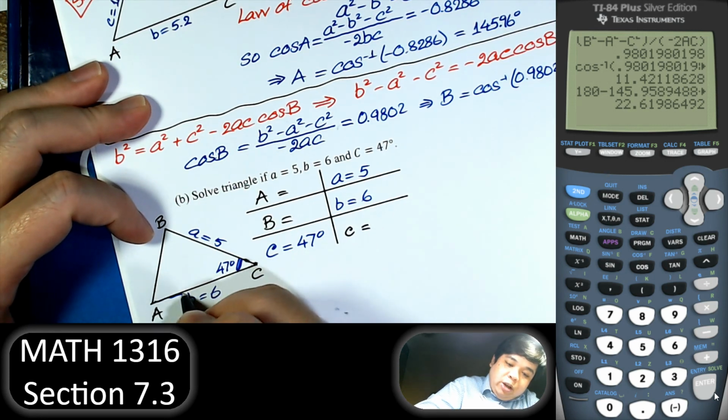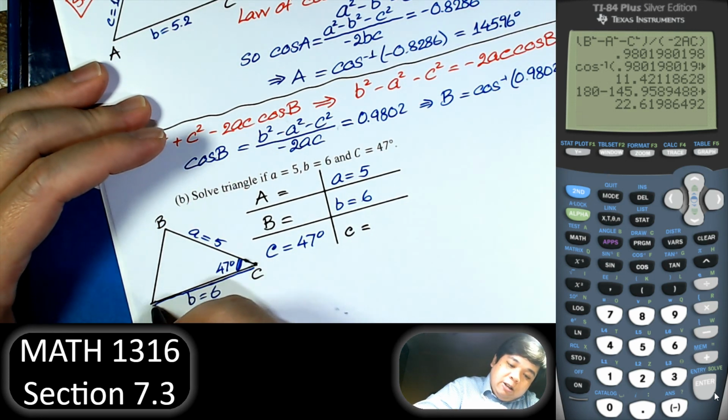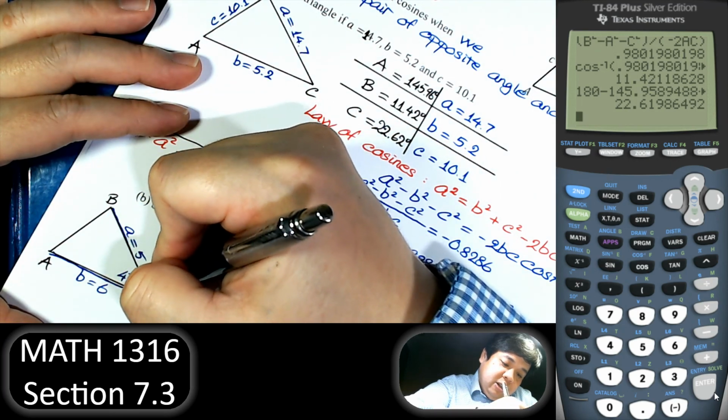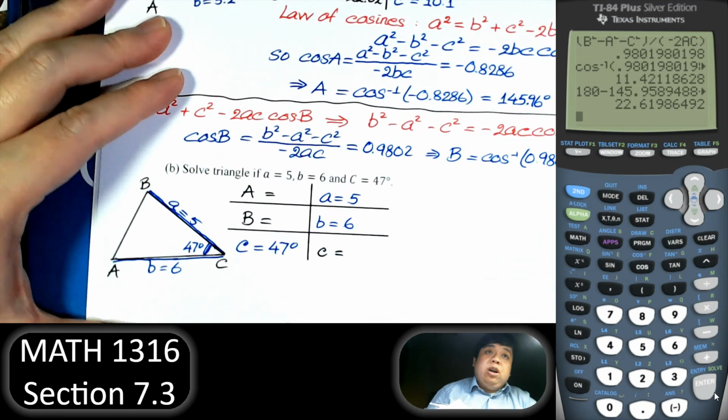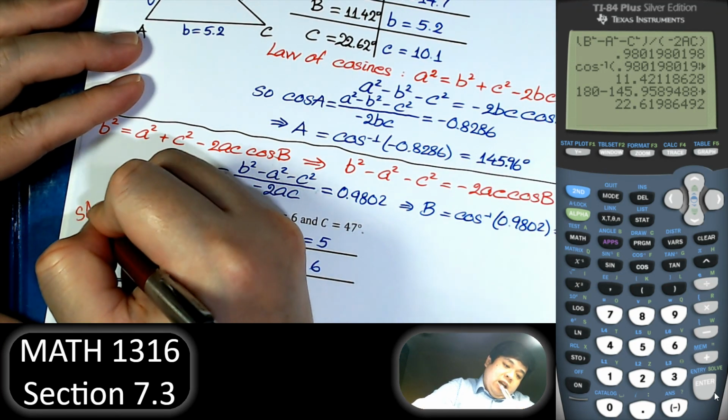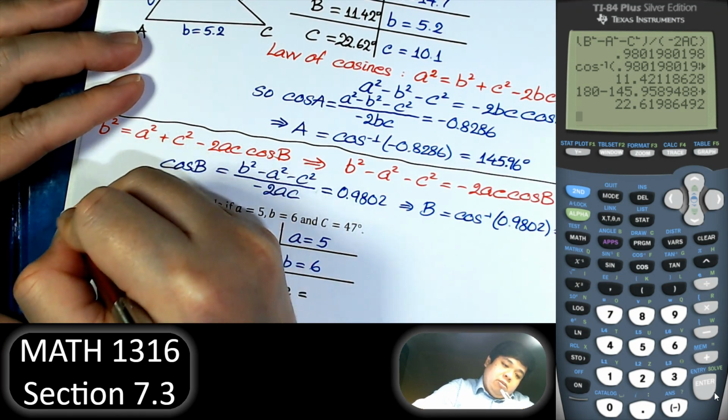So in this case, we have a side and another side and the angle in between. By drawing the triangle, we know this is the side-angle-side scenario.